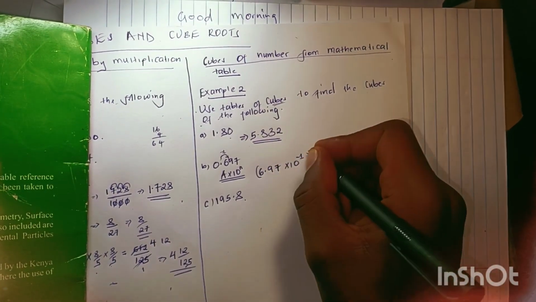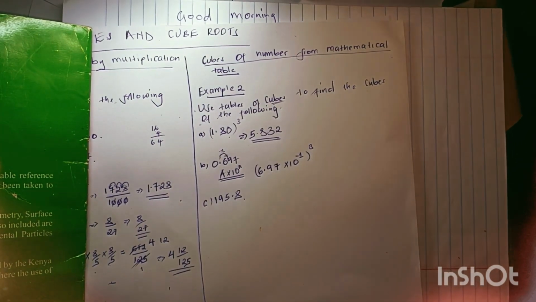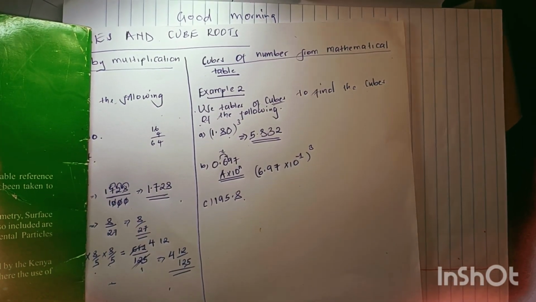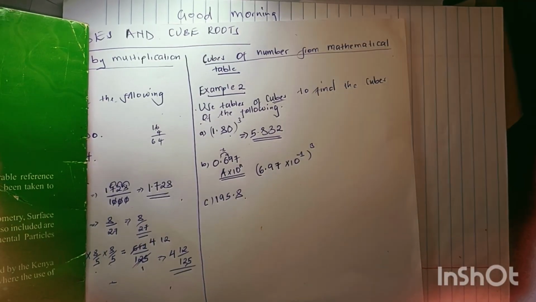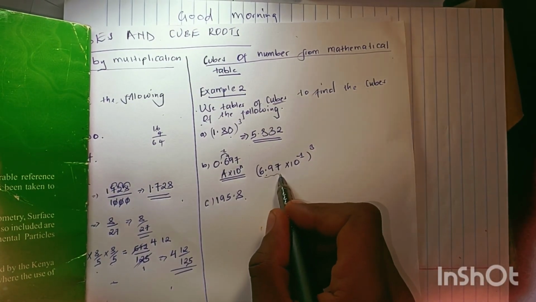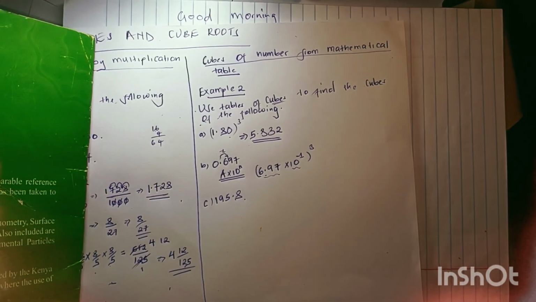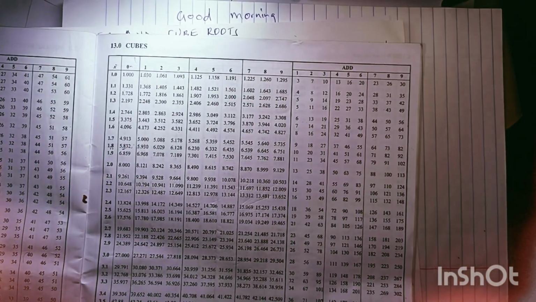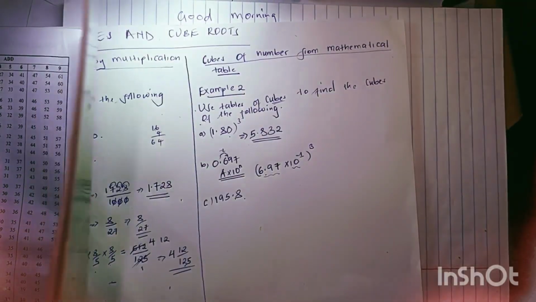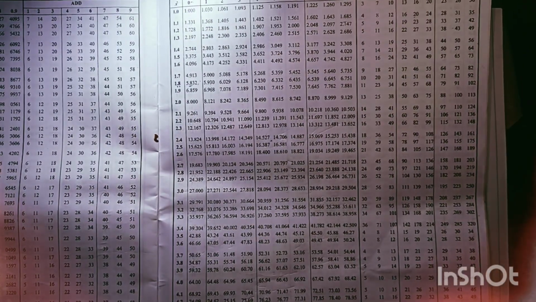Remember, we are finding the cube, from the table. The next thing I'm supposed to do is read this value from the table, and this value I have to calculate directly using a calculator or just your mind. So in this case, let me read 6.97.